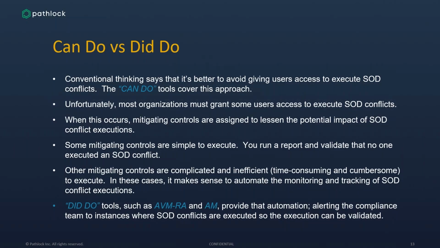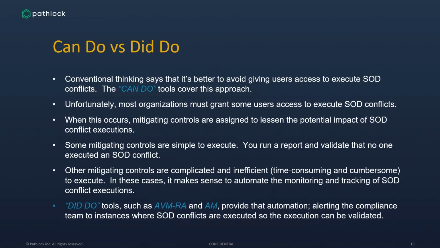Some mitigating controls, and ultimately these are mitigating controls. You're saying we're going to give you the access, but with the mitigating control, maybe you run a report. Say you've got 10 plants, an accountant in each plant with SOD violations. You've got somebody in the home office running a report every month, looking to see, they'll run 2 reports: did the person do this, and did they do this?